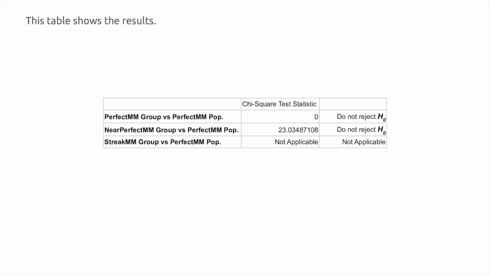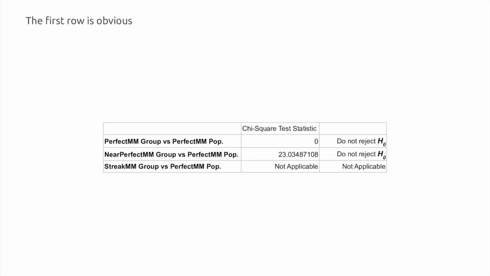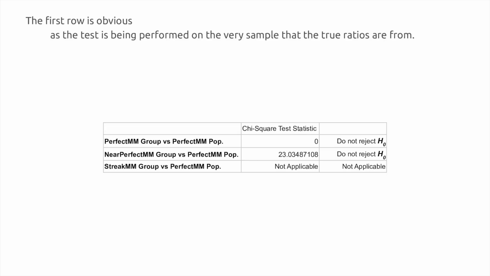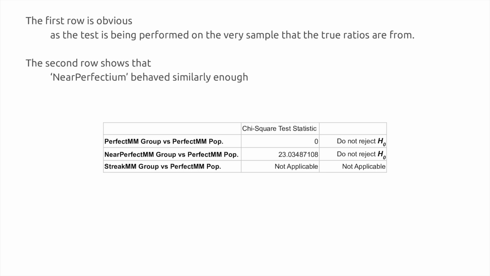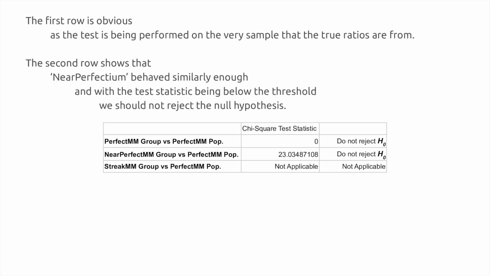This table shows the results. The first row is obvious, as the test is being performed on the very sample that the true ratios are from. The second row shows that near perfectium behaved similarly enough, and with the test statistic being below the threshold, we should not reject the null hypothesis.